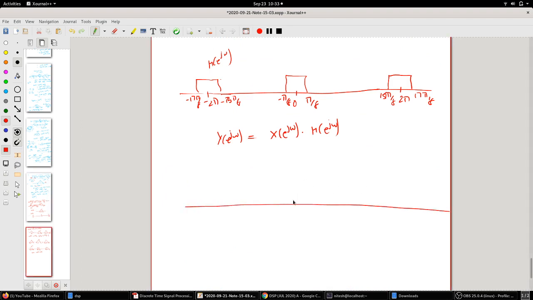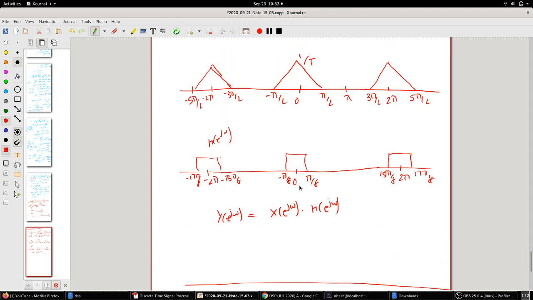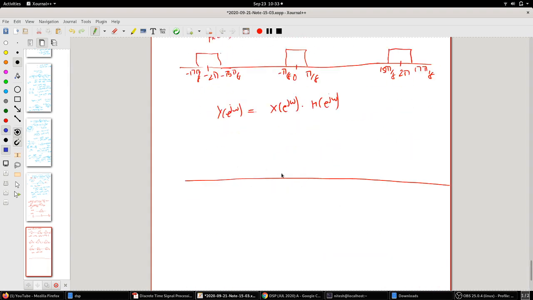Okay, so what you get here, y of e raised to j omega, if I use this, my pi by 8 is somewhere here. If I multiply the two, what I get here will be something like this: 0, this is 1 by t, this is 1, this is 1, this is 1.